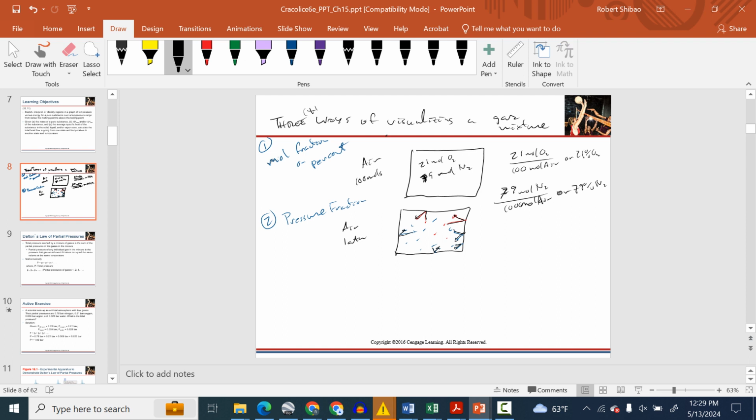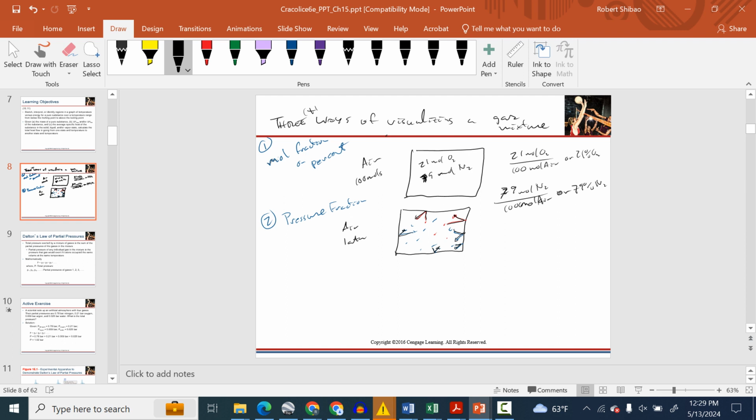So out of these collisions, how many are generated by the nitrogen? How many are generated by the oxygen? 79%. Yeah, 79% of the collisions are nitrogen and 21% are from the oxygen.